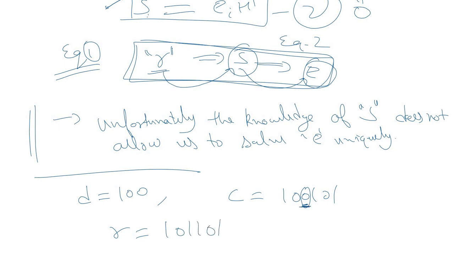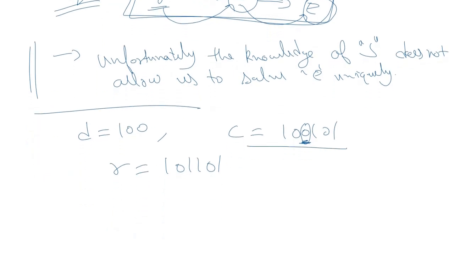Okay, only the third digit will be in error. We are assuming this. So in this case, this is the code word C transmitted, and this is the received R. So the error word we can easily find out as 001000, right? This we have already seen.